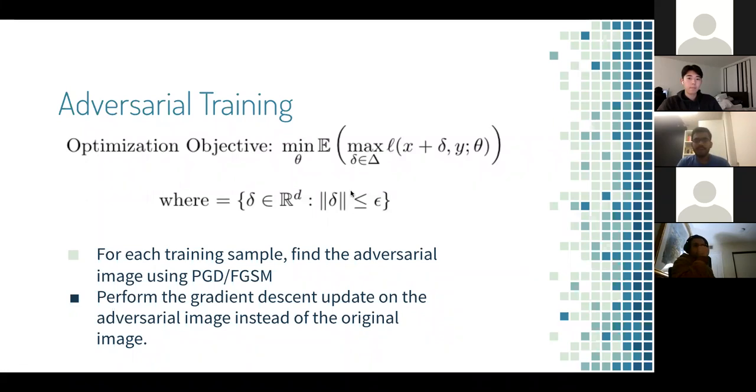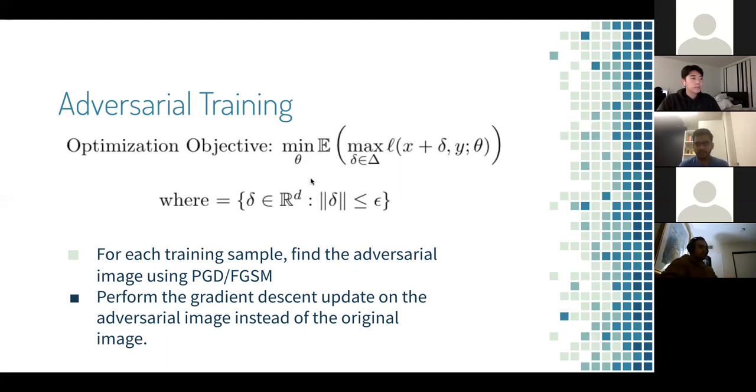So what that essentially means is that during the training process, I'm telling my machine learning model, assume that a person is going to attack you and provide you with inputs that corrupt the original image by some delta. Now, the training process asks the machine learning model, what's the worst an attacker can do? And then it chooses weights theta such that the worst thing your attacker can do is minimized. So that's why you phrase it in a sort of min-max optimization problem way.